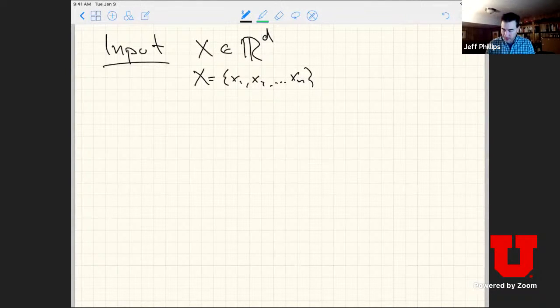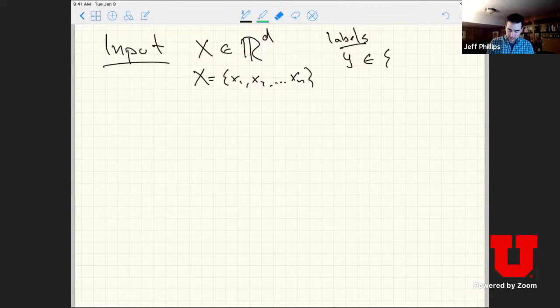But you also have these labels. This is a supervised problem, like regression, although now the labels are not going to be in R, they're not going to be real values.